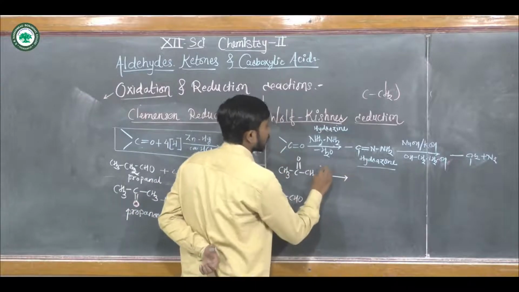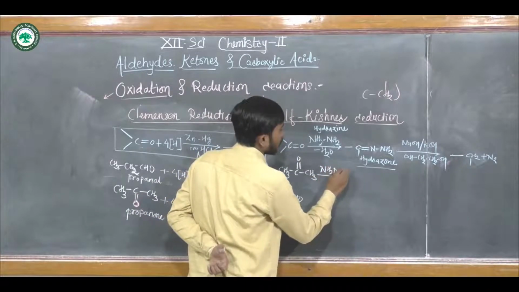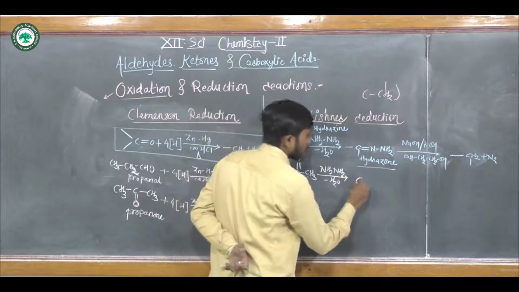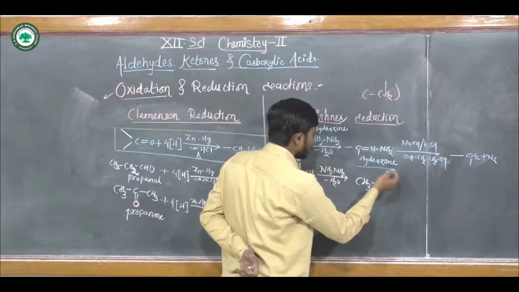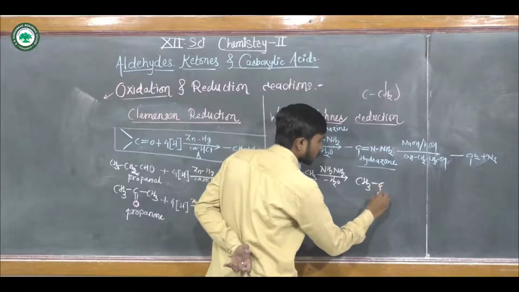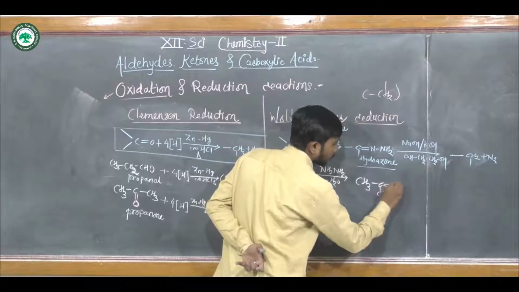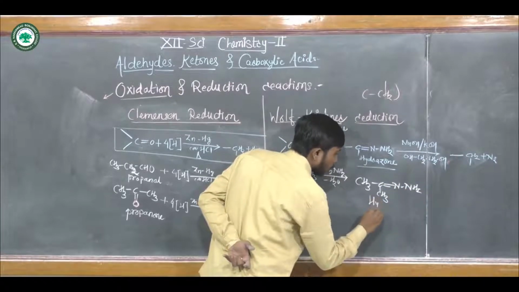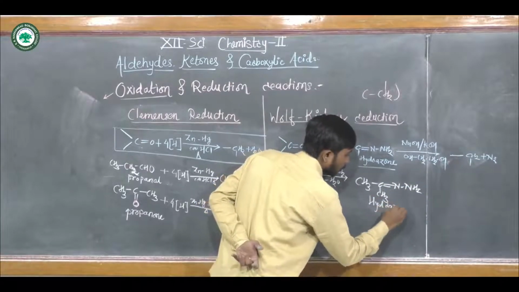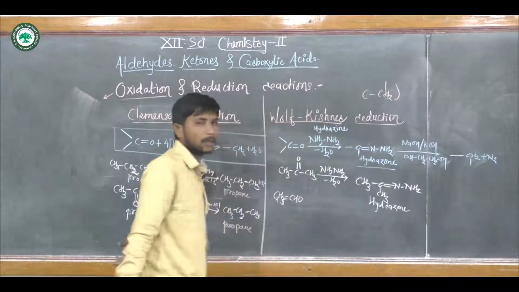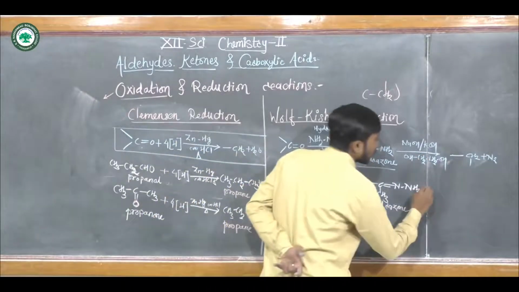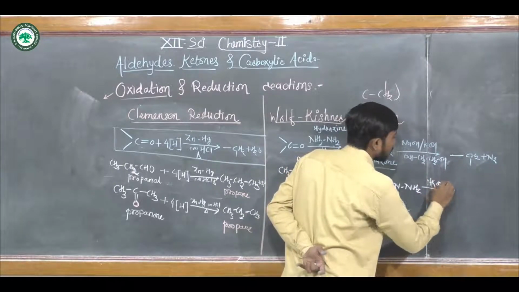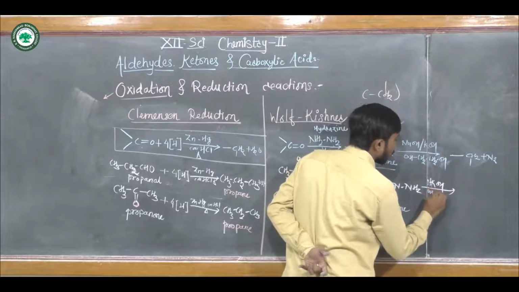This much reacts with hydrazine, and we will see the carbonyl carbon forms the hydrazone. This is the hydrazone, which on further treatment with bases, let us say KOH and ethylene glycol.